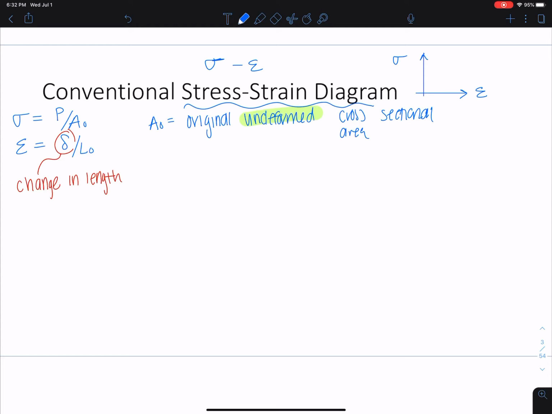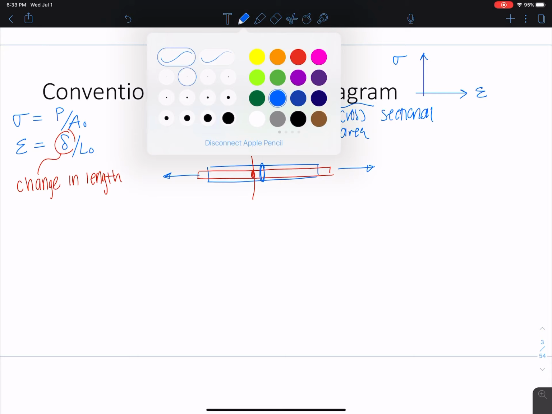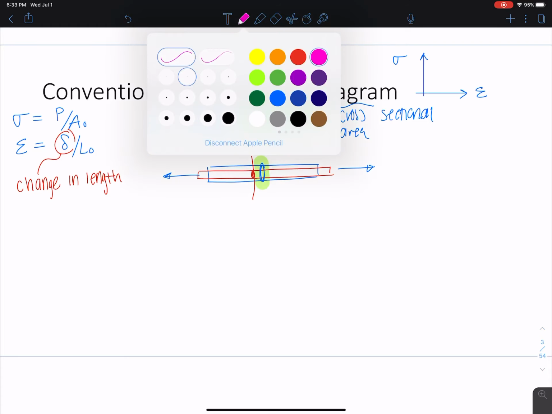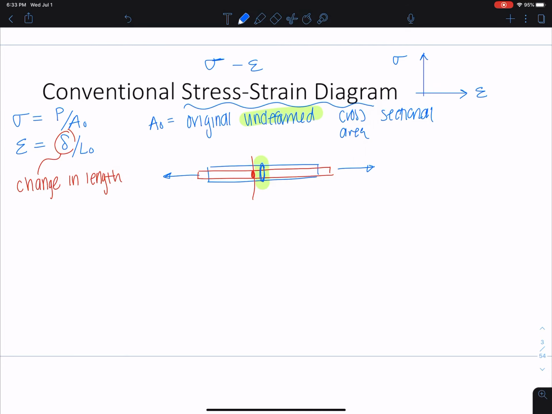For example, if I pull on this bar and it increases in length, it's going to stretch like this. When I make a cut, this cross-sectional area is different than the original one. Because we don't want to have to determine the new cross-sectional area, we're always going to use the original cross-sectional area. And the deformation, for engineering applications, is so tiny that this doesn't really make a big difference, okay?